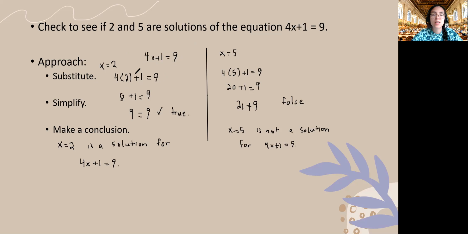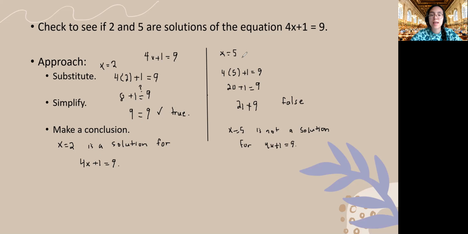We substituted 2 for x in the equation, added the 8 plus 1, and we were checking if this equaled 9, and 9 is in fact equal to 9, so this is a true statement. We concluded that x is equal to 2 is a solution for this equation.